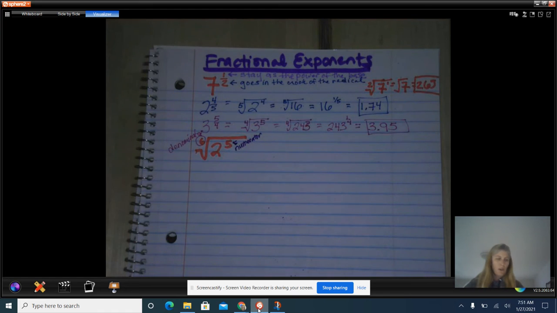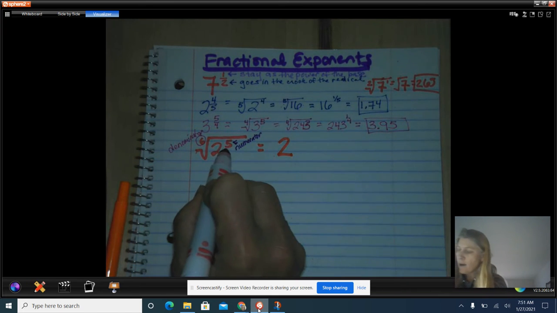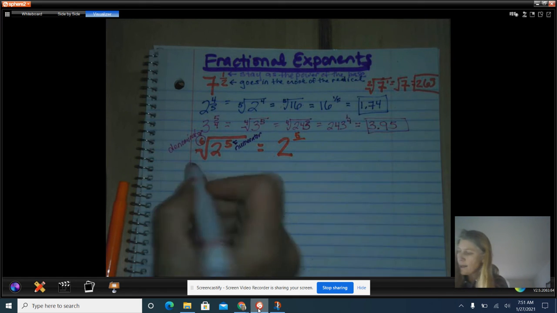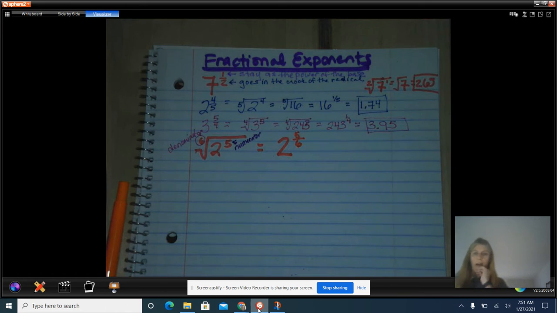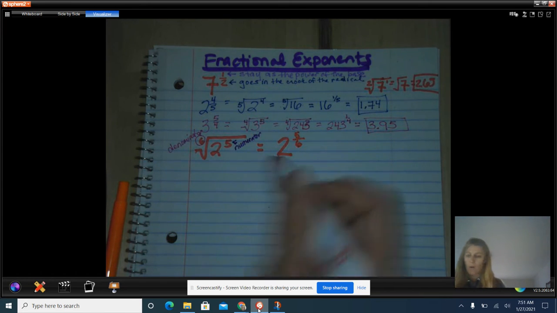Okay, so we're going to go ahead and rewrite this. We write our base. Our power is our numerator, and our crook is our denominator. So we would go ahead and rewrite this as 2 to the 5/6 power.